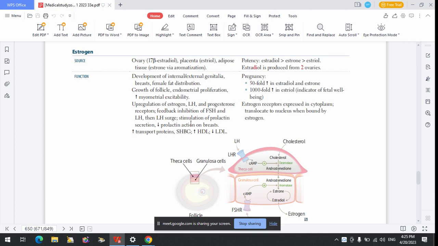DNA undergoes transcription to mRNA, and mRNA is translated to protein. So estrogen will go to the cell it wants to act on, enter that cell, crossing the cell membrane, and bind to the estrogen receptor in the cytoplasm. That estrogen-receptor complex will now translocate into the nucleus and activate the segment of DNA that encodes the protein that it wants the body to express.